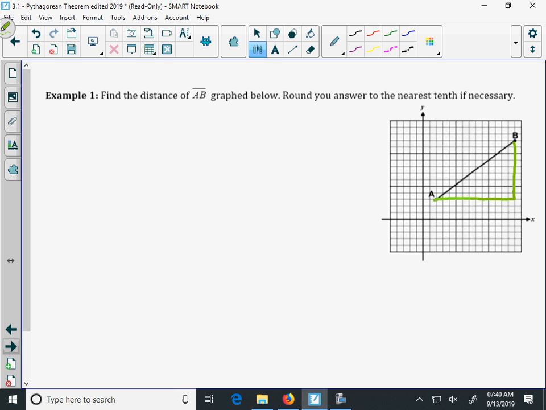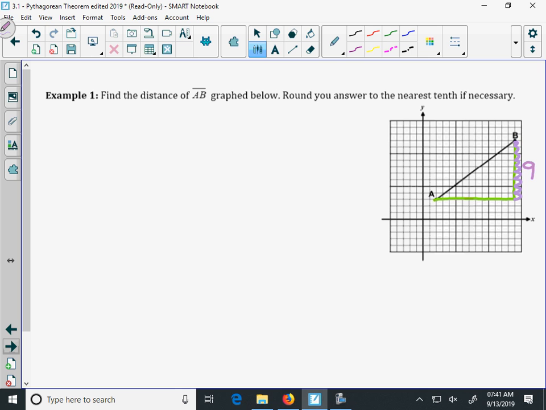Okay? We can easily find the distance of the legs because they're nice and flat, right? We can't really know what the distance of AB is because it's slanted. We can't count to find the distance of a slanted line. We can count to find the distance of straight lines. So when I count here, the length of this side is 1, 2, 3, 4, 5, 6, 7, 8, 9.